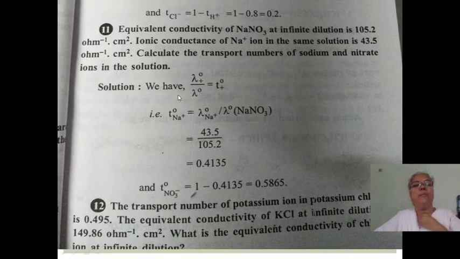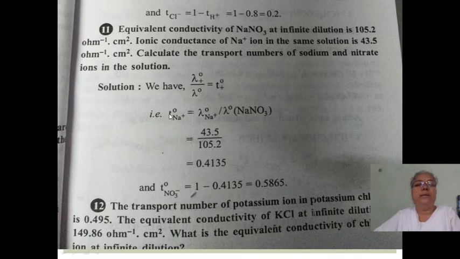And the formula used here is lambda 0 plus upon lambda 0, that means ionic conductivity of cation at infinite dilution divided by the total ionic conductivity of the electrolyte, and this ratio gives the transport number of positive ion at infinite dilution.